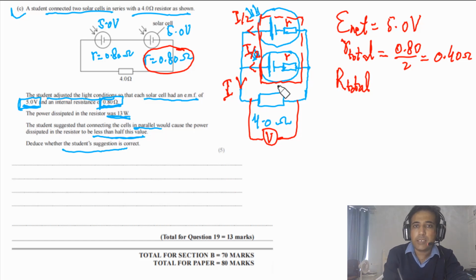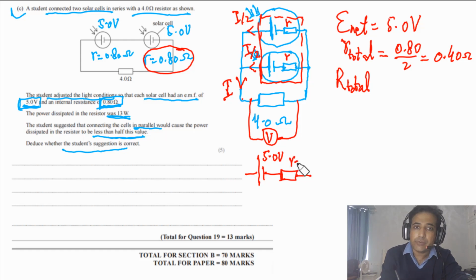The better way is to redraw this circuit. We have one cell, it has internal resistance and an EMF of 5.0 volts, because the net EMF across this is 5 volts.